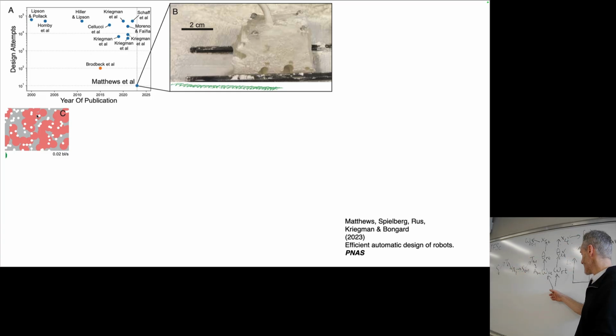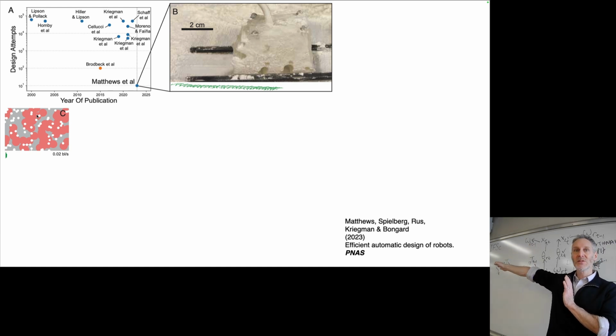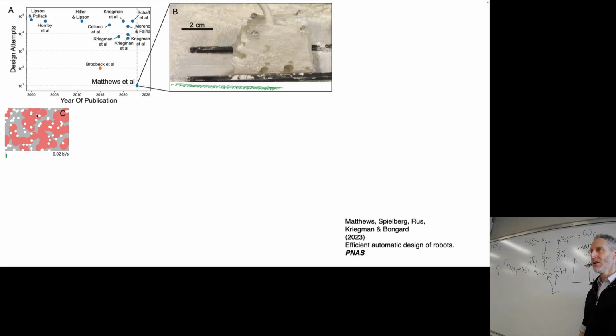So L, I still got L on the board, L is high. We want the robot to move to the right, but it stayed where it is. So the horizontal position of the robot and some horizontal position way out to the right, that distance is large. L is large. We've finished the forward pass. What do you think happens on the backward pass?